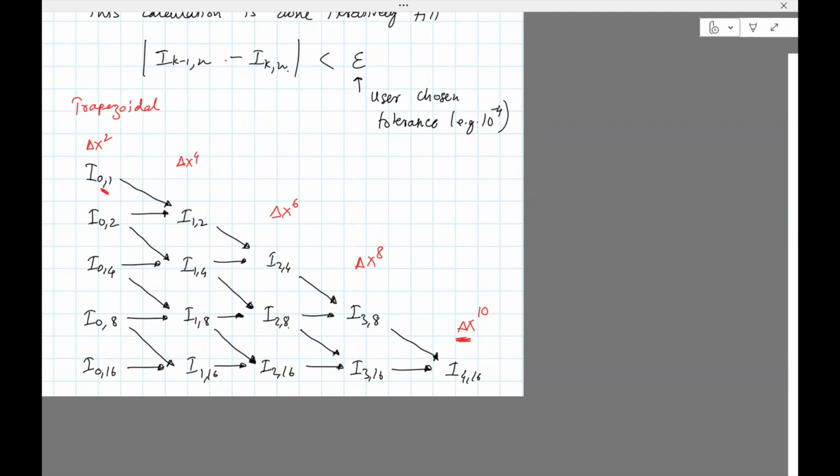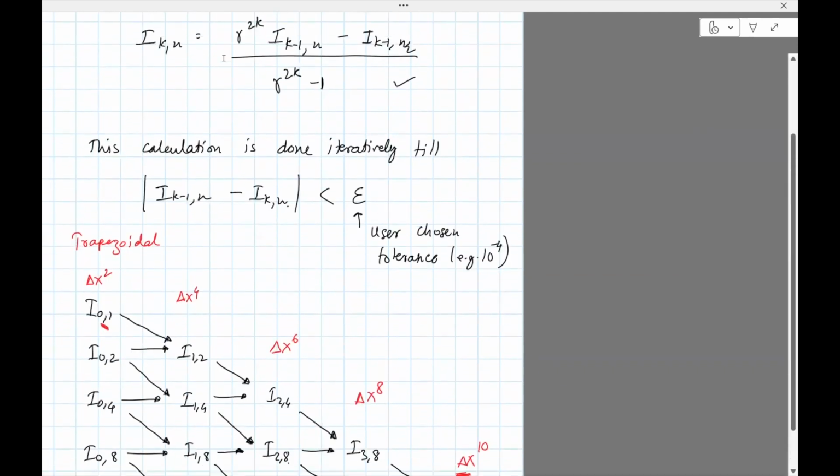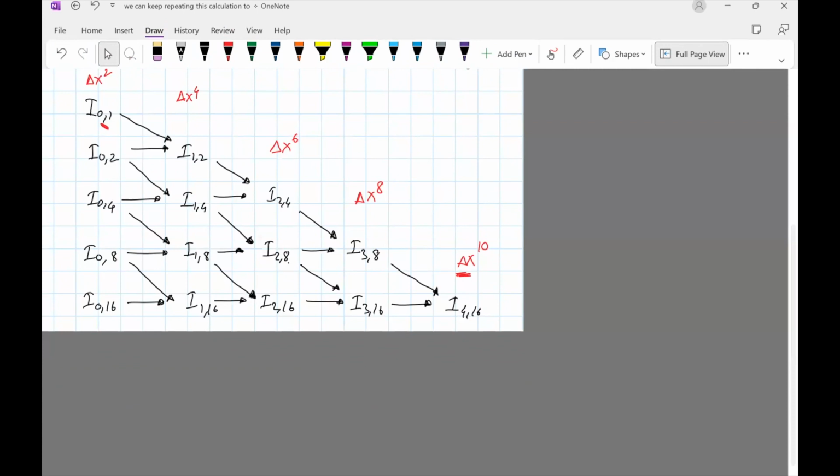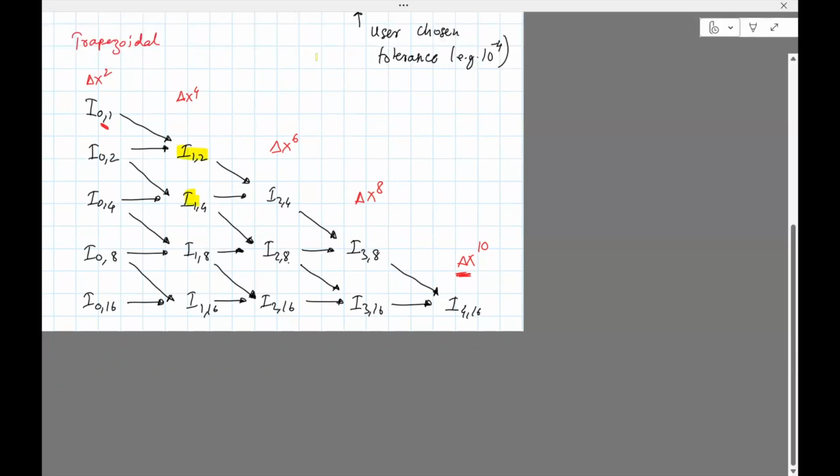So these calculations typically are less time consuming because they involve fewer computations. Just calculate this number, right? So all this part is obtained from the previous values.